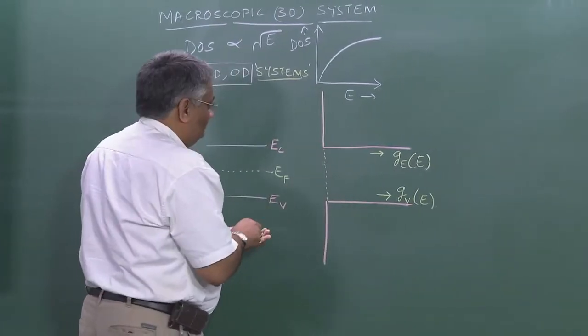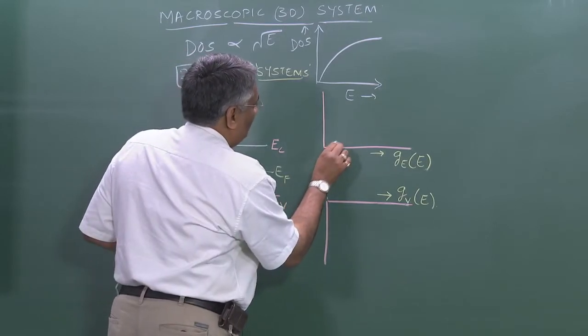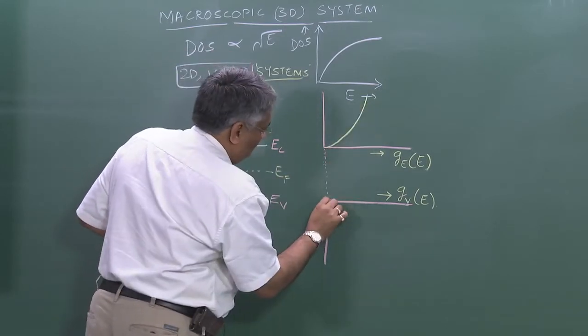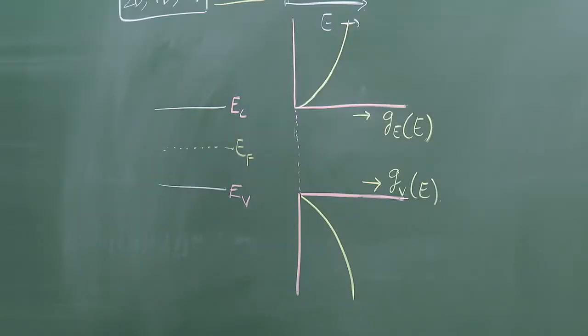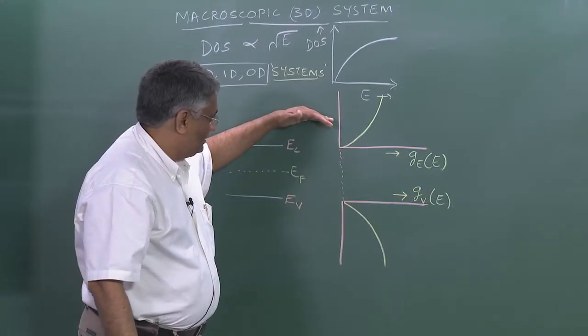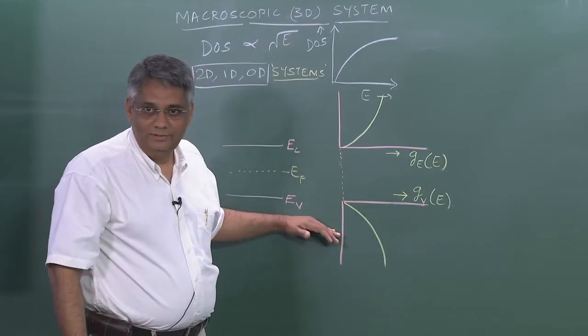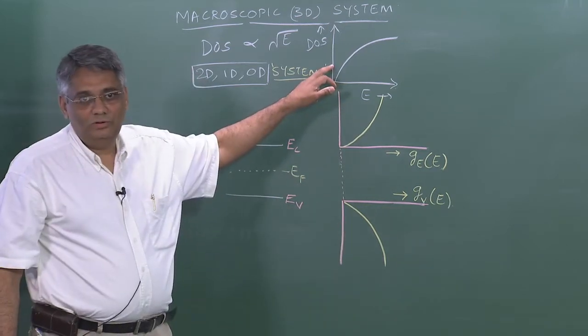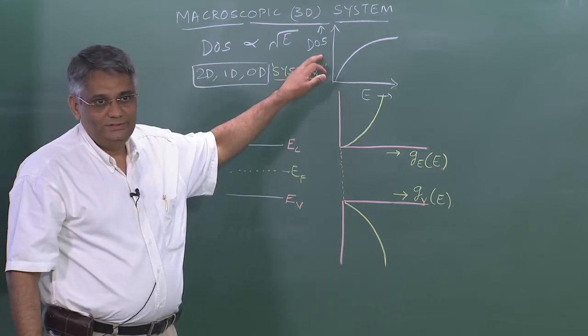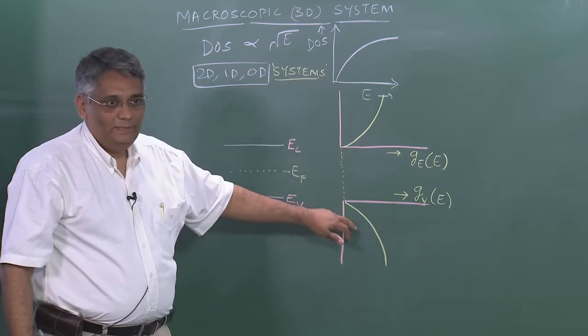First of all, that's how you show the density of states variation on the conduction band edge side and the valence band edge side. Okay. Now you see, this exactly replicates what you have drawn there for a three-dimensional case. Density of states as a function of energy.